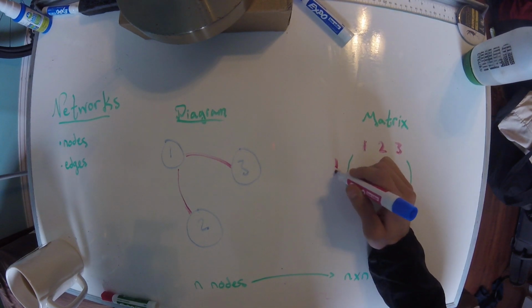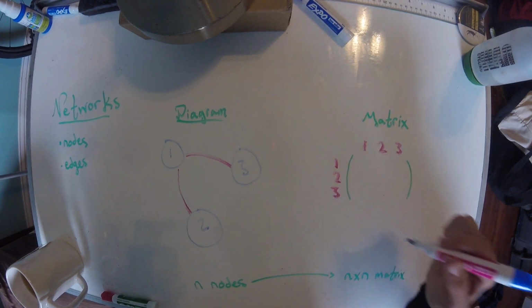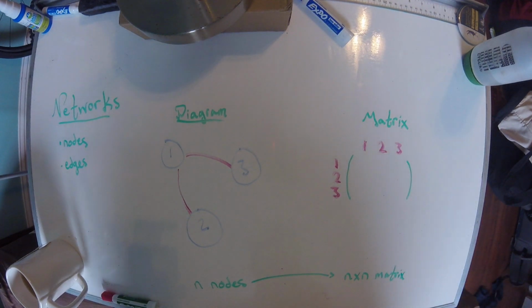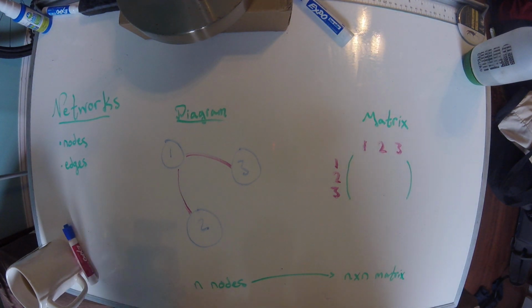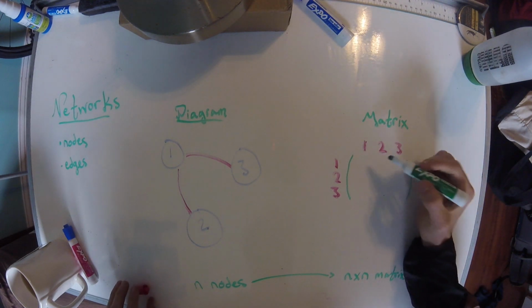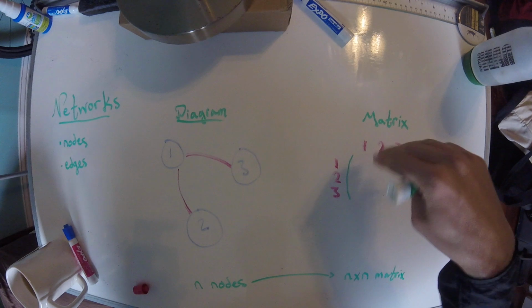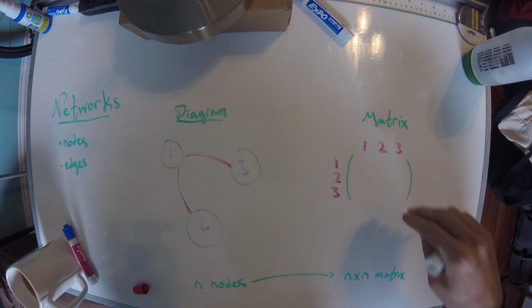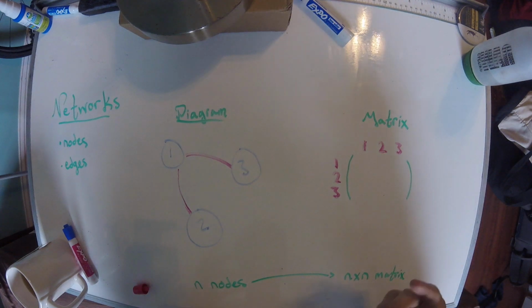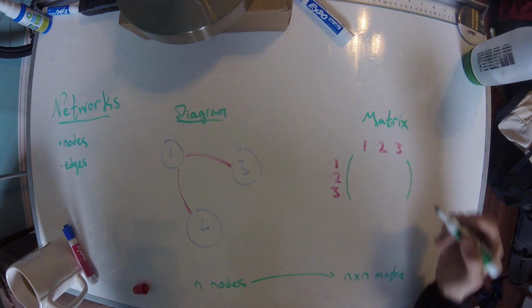Node 1 has a row, and node 2 has a row, and node 3 also has a row. Okay, and now each entry, so there are 3 times 3 entries in this matrix, so there are 9 entries, and each entry represents whether or not 2 nodes are connected.